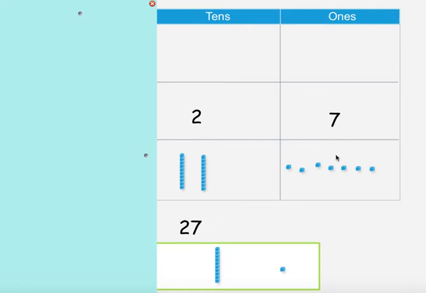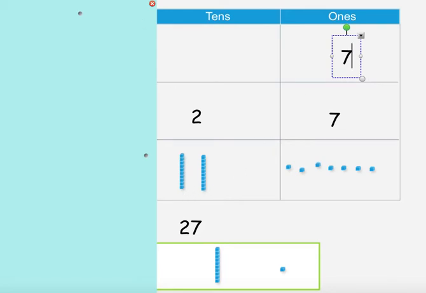So in 27, there are some ones. Let's count them. 1, 2, 3, 4, 5, 6, 7. The value of this number is 7. There are 7 ones. Let's write it in.